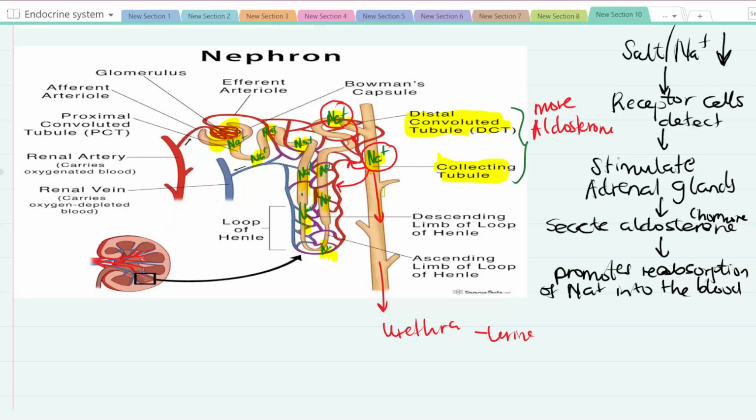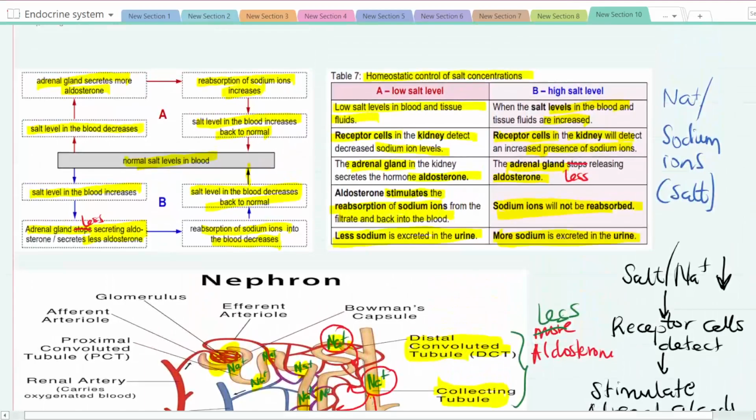So if you are having an increase, therefore there is no need to reabsorb these sodium ions, so less aldosterone from the adrenal glands will be secreted. So you'll have less aldosterone being secreted, therefore it means these salt ions will not be reabsorbed into the blood vessels, which are these vessels that are surrounding the nephron, and therefore more of these sodium ions will be lost through the urine, and therefore the amount of salt in the blood will decrease back to normal.